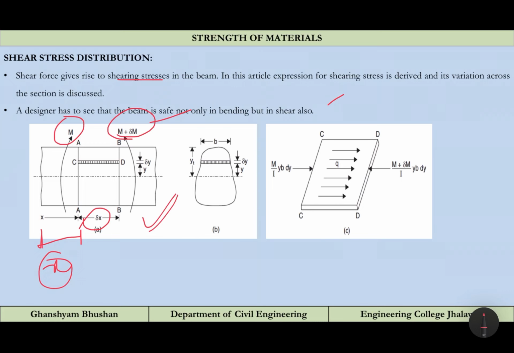If it is a lesser value, it will automatically come out negative, so don't bother about the sign. We are checking a small strip of dy at a distance of y. This can be a typical cross section.